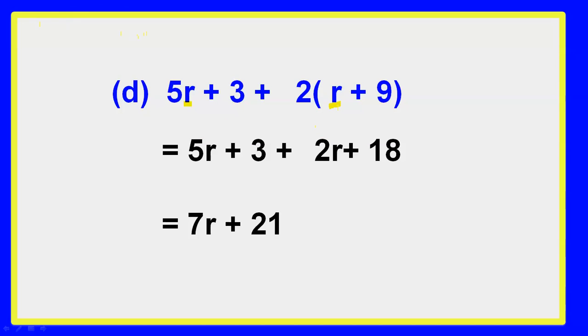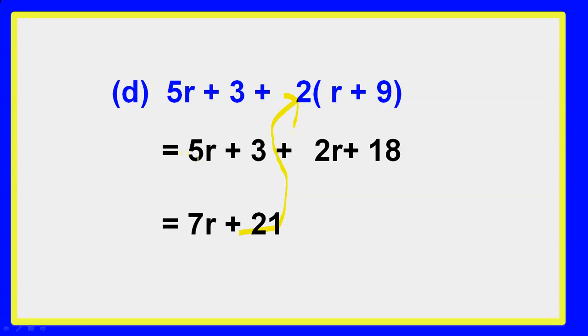Okay, so 5r plus 3, and there is no bracket at the start, no matter, it should be as it is. Now, when I'm moving forward, what I am observing here is that 2 is outside of the bracket, that is r plus 9.